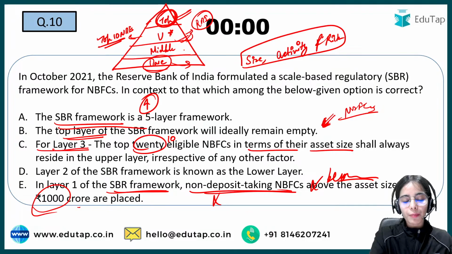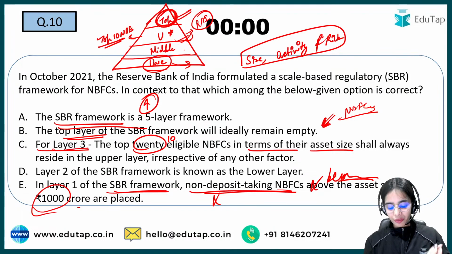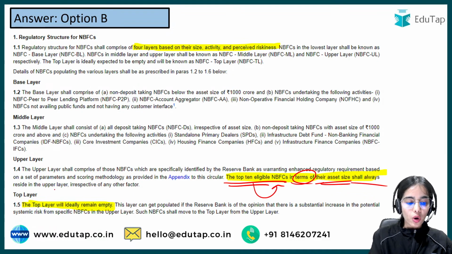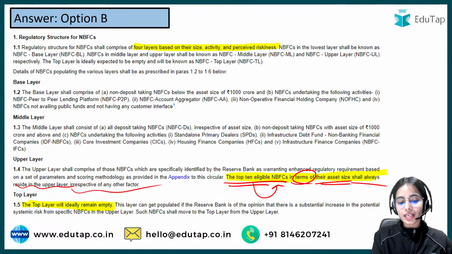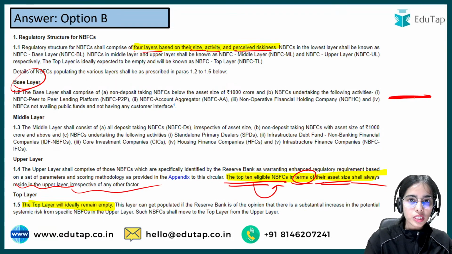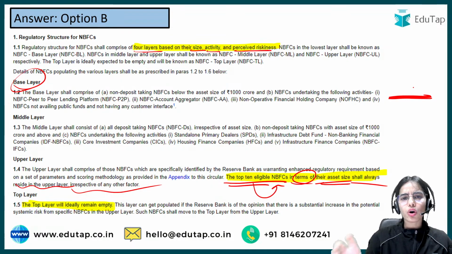The upper layer will have the top 10 eligible NBFCs in terms of their asset size, who shall always reside in the upper layer irrespective of other factors. So there are the 4 layers based on the size, activity, and perceived riskiness. The base layer is the bottommost layer that follows the least of the regulations because they are small and do not have much riskiness.